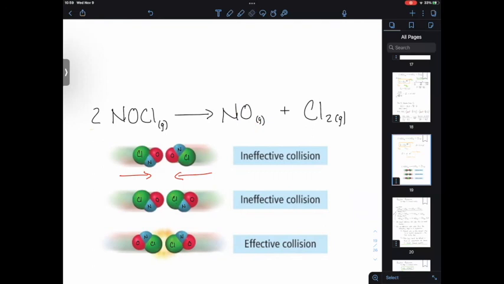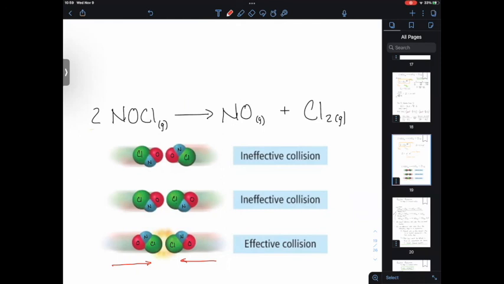Okay, if we aligned it such that the oxygen of one molecule hit the chlorine of another molecule, again, an ineffective collision. We're not going to have a reaction. We're only going to have a reaction if it's the chlorine end of both of these molecules that smack into one another. Okay, and that's not something that you would know based on this chemical equation or anything like that.